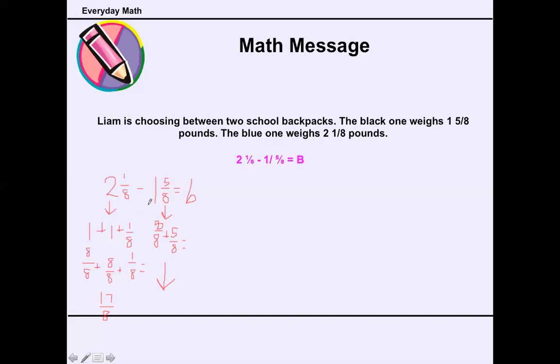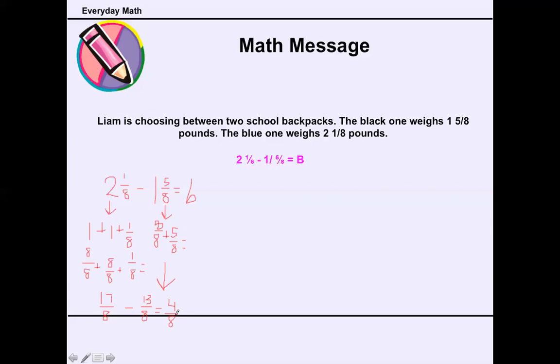So 8/8 plus 5/8 is the same as 13/8. So 17 minus 13 is 4. And then I keep my denominator as 8. So my answer is 4/8.